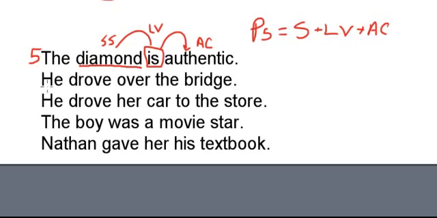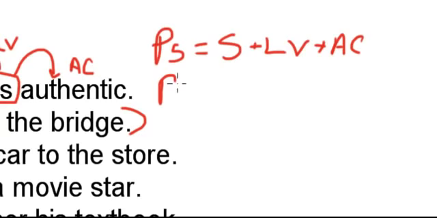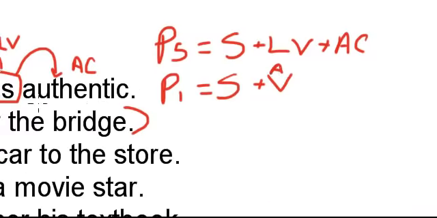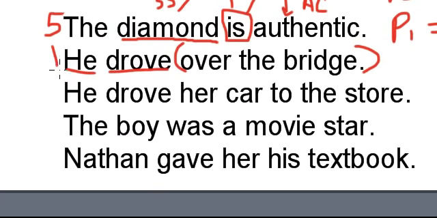Next one. He, subject, drove, and then we have a prepositional phrase here. Right? So in this sentence, we only have a subject and a verb. That is pattern number 1. Pattern number 1 is subject plus verb, an action verb if you want to be more specific. Pattern number 1.